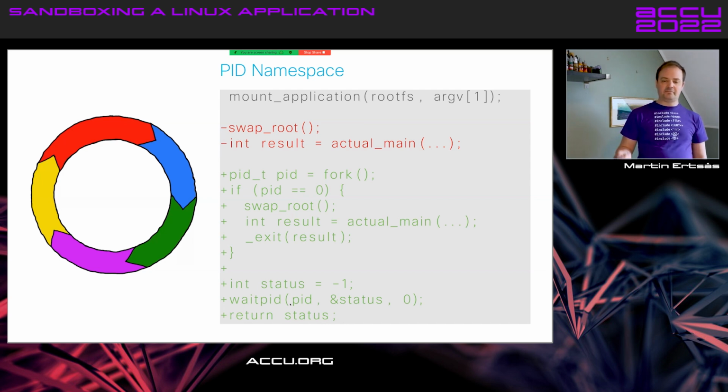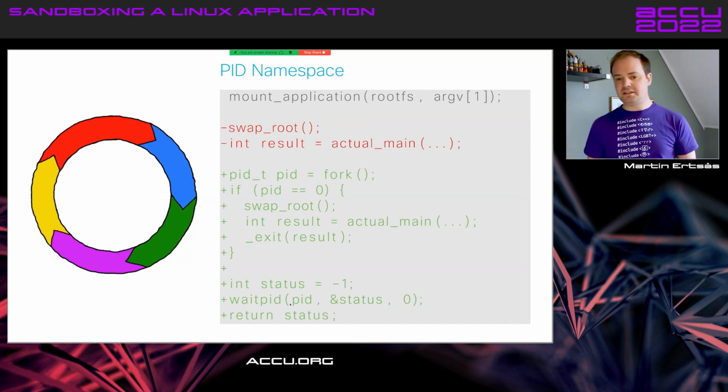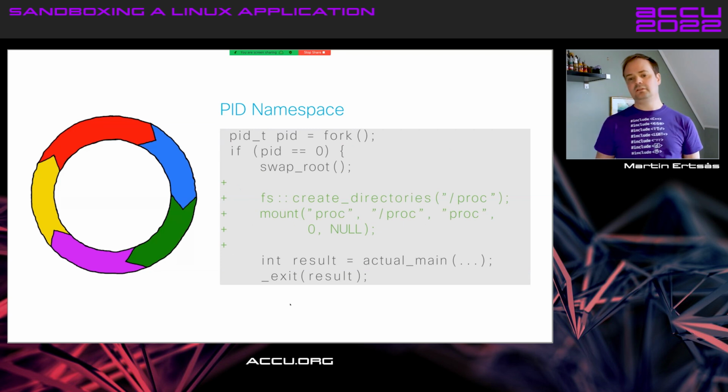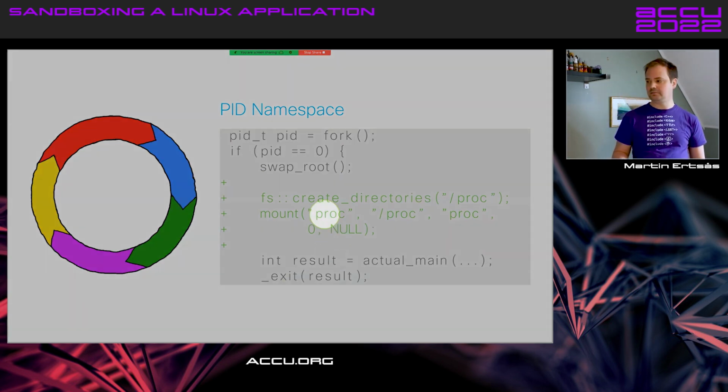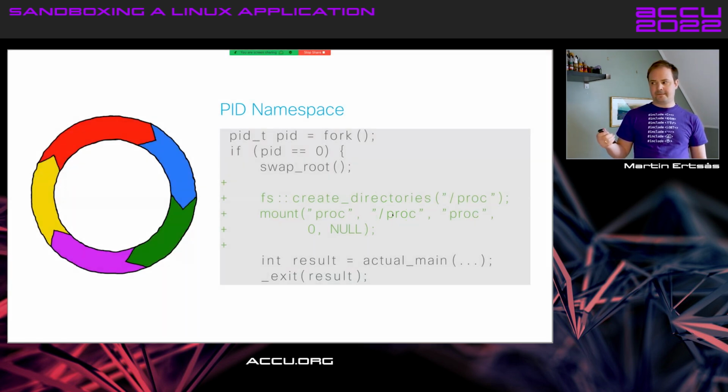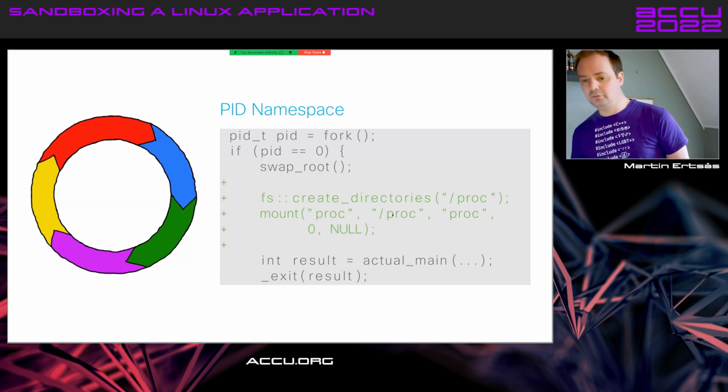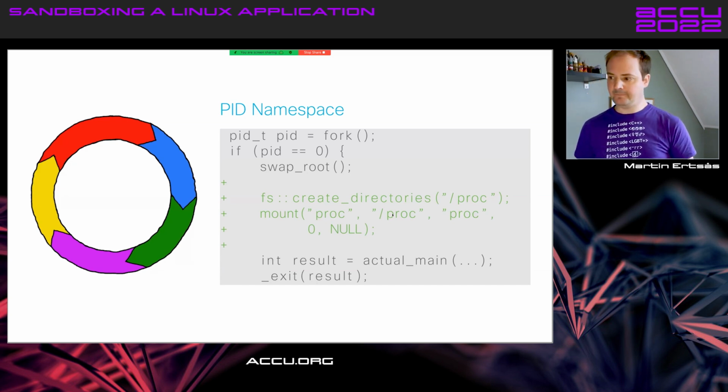Now, after making a new PID namespace, the child is allowed to mount a new proc file system, which is what we do here, which I'll use to show that we're now alone, as far as we can say.